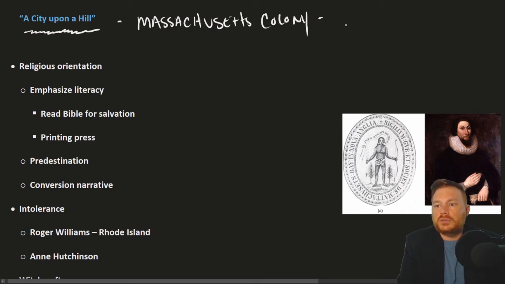And it was really to create sort of a new religious homeland. Your textbook uses this term, English Israel, right? A religious homeland. Another good way of thinking upon the city upon a hill is a religious example.